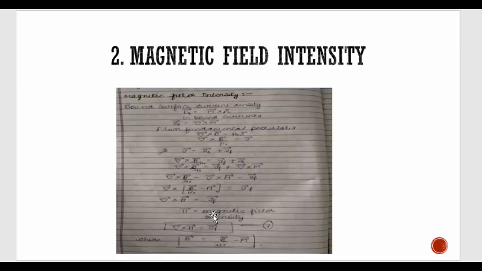Here B is the induced magnetic field, mu naught is the permeability, and M is the magnetization vector.